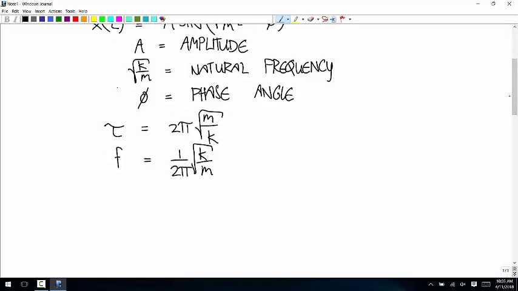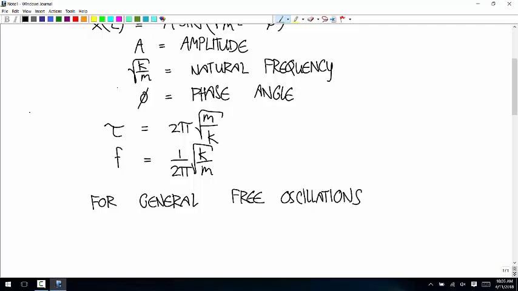In general, for general free oscillations, that's unforced, the differential equation is going to be x double dot plus omega n squared times x is equal to 0, where x here is standing in as a general variable, because we'll have ones that deal with rotations too, and omega sub n is the natural frequency.